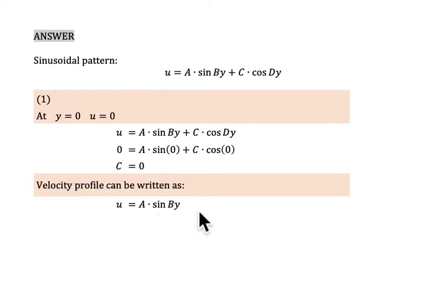At this stage, any value of d will not affect the equation because c is equal to 0. So we only need 2 equations to find a and b, without knowing the value of d.